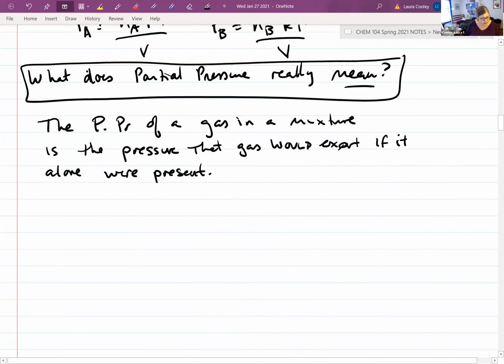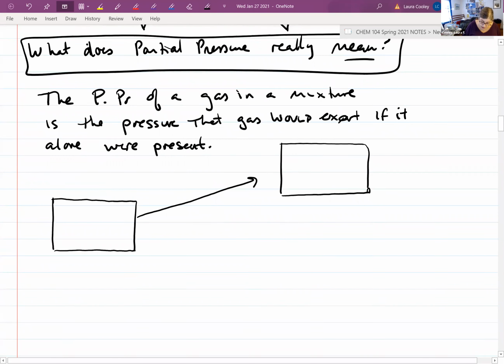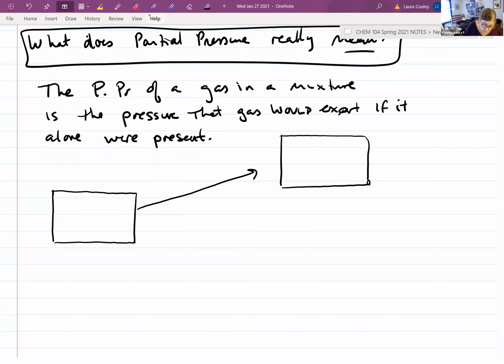So I always like to illustrate this just by drawing a little picture. Okay, so here's a volume, and I'm going to pretend that I have the same volume. Let's say gas B is black, and I'm going to put 15 dots in here.